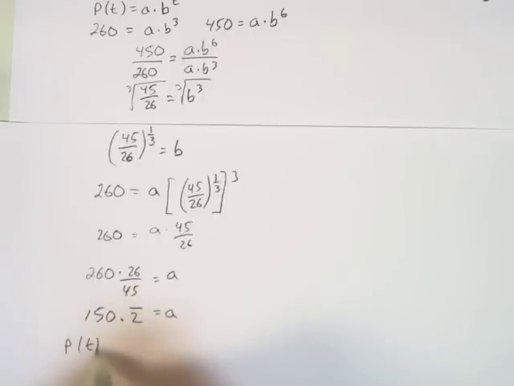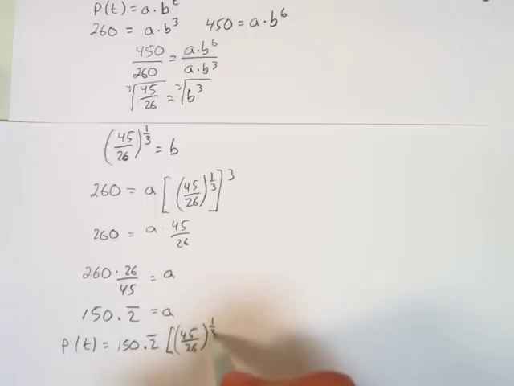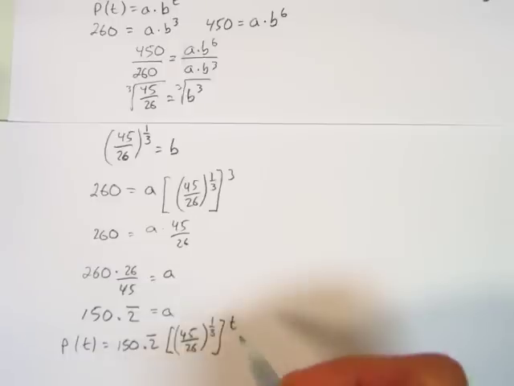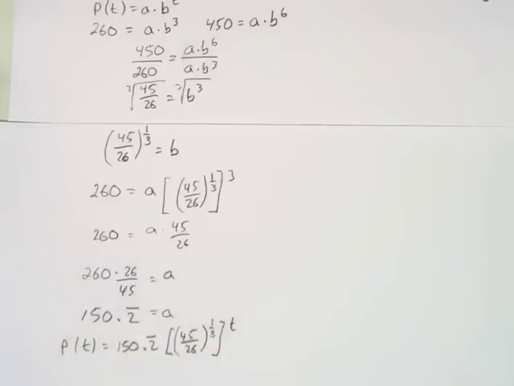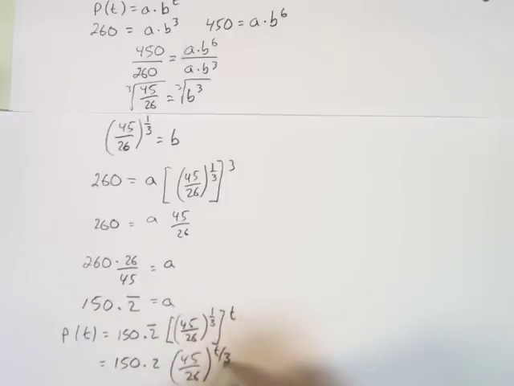We have P of t equals 150.2 with a bar times 45 over 26 to the 1/3, all raised to the t there. That can be simplified just a little bit to 150.2, and then we have 45 over 26 to the t over 3.